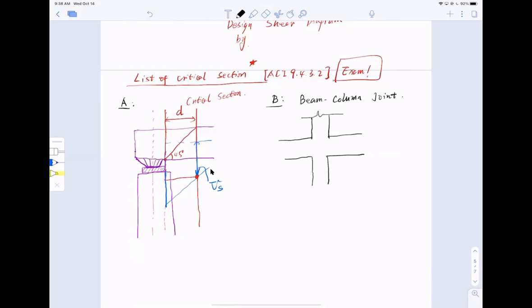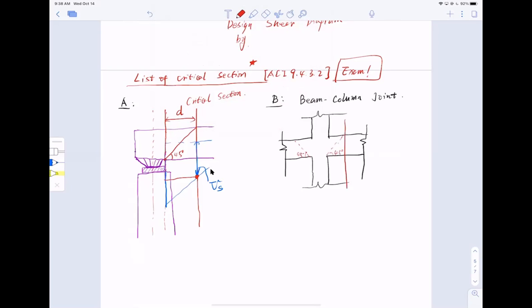So this is the cut cross section. Where is my critical section? Turns out it's a 45-degree angle here, and don't draw it the wrong side. I had some people drawing the other way, which is wrong, okay?